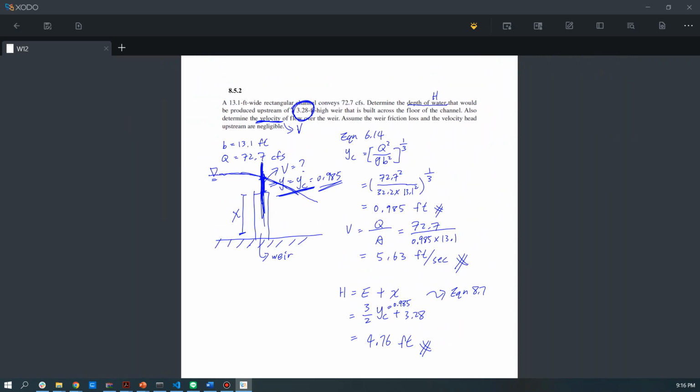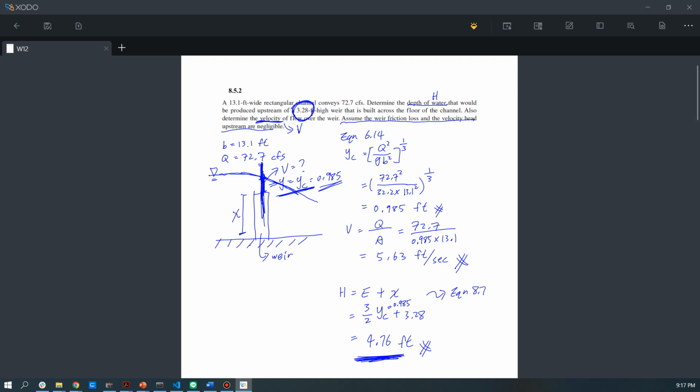Okay, so this is a fairly straightforward question. You just need to apply two different equations, one for the critical depth, one for the energy, and you can solve for these two variables, the velocity and the depth of the water. And one important assumption for this answer to be correct is that we assume there's no head loss in this problem.